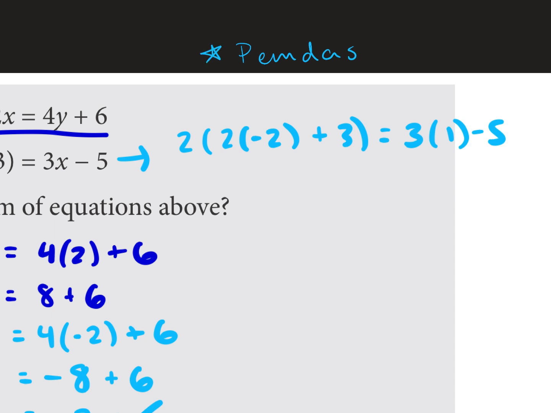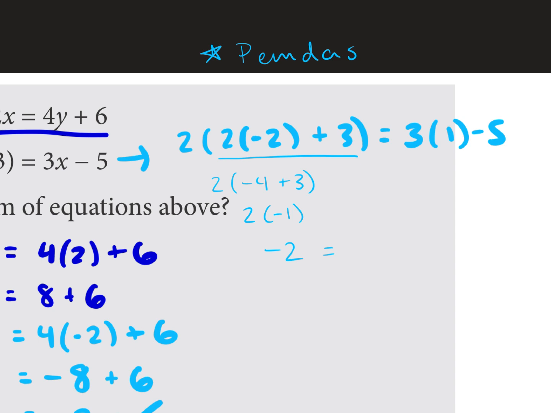So we're going to do the parentheses first. In the parentheses, I have multiplication and addition. What would I have to do first? The multiplication or the addition? Multiplication. So what is 2 times negative 2? Negative 4. And negative 4 plus 3? Negative 1. And then what's 2 times negative 1? Negative 2.